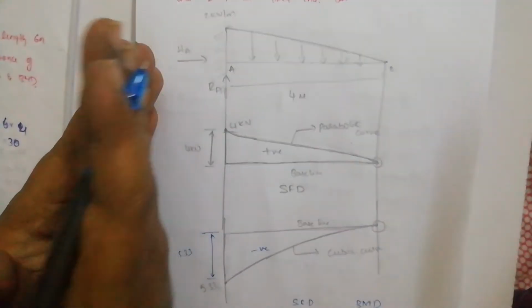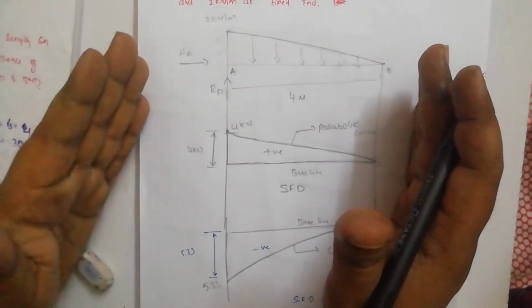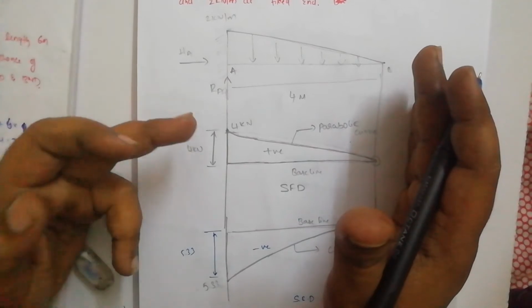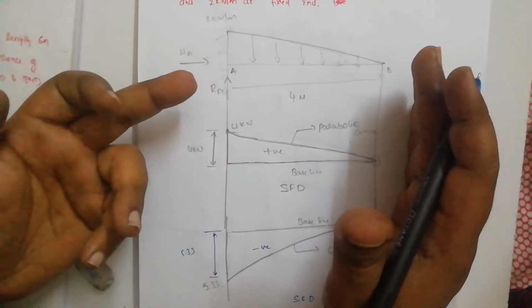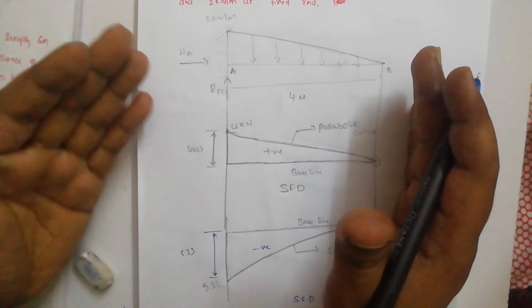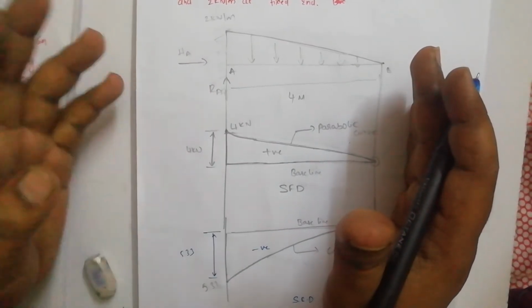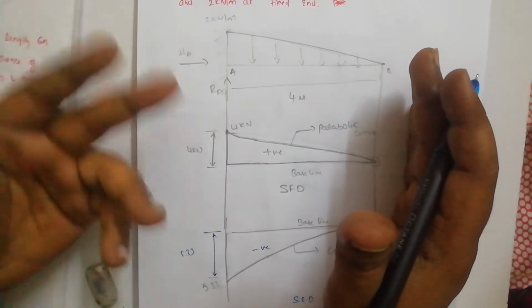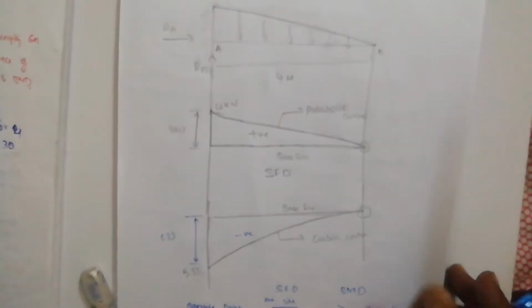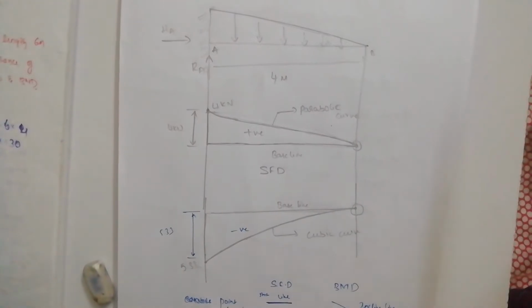But when you solve from left to right, the downward force will become negative, upward force will become positive. So there will be a sign convention change only. Other than that, you will get the same exact answers in terms of values.